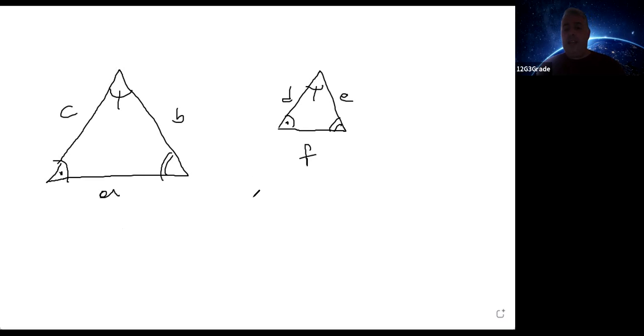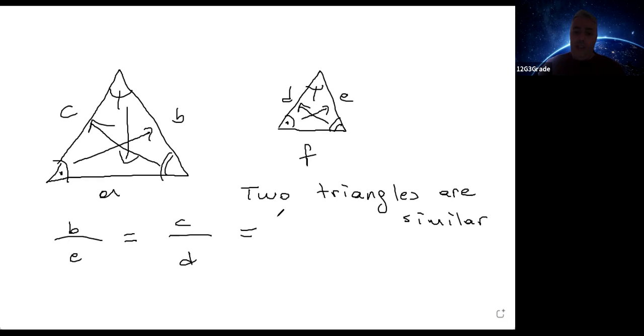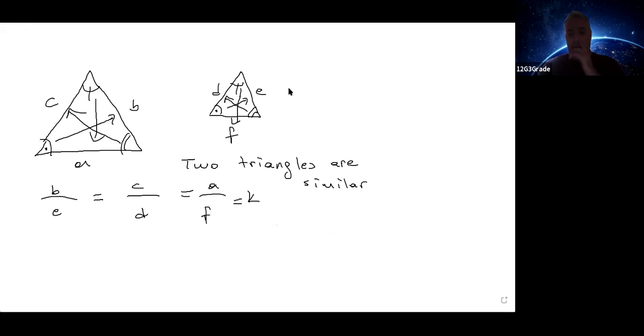Now these two triangles are similar. So the rule: opposite of this angle B, opposite of the same angle E. Opposite of this angle C, opposite of the same angle D. Opposite of this angle A, opposite of the same angle F, it is equal to K. For this, I think there is no problem.